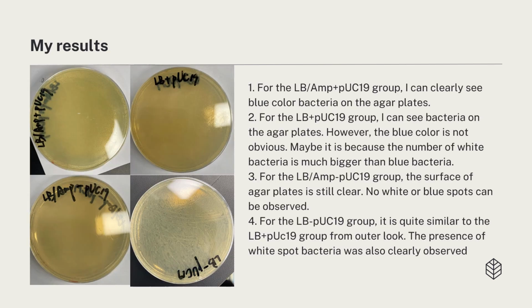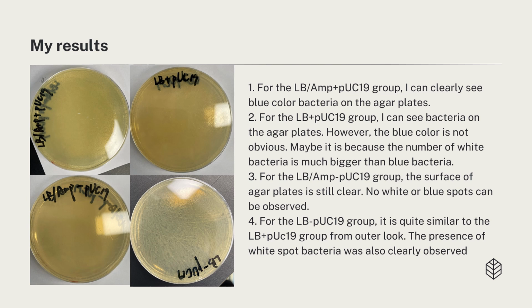This is the result of my own experiment. As you can see, the experiment is quite successful because my results align with the expected results. For the LB-AMP plus pUC19 group, I can clearly see the blue colonies on the agar plates.